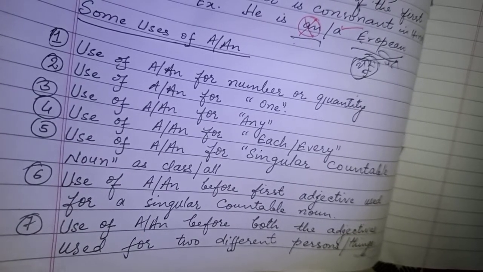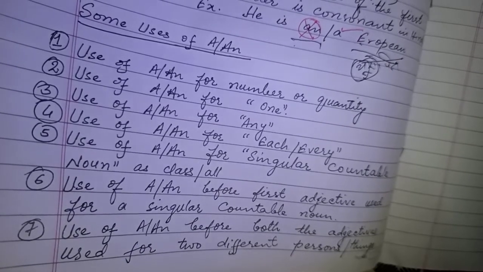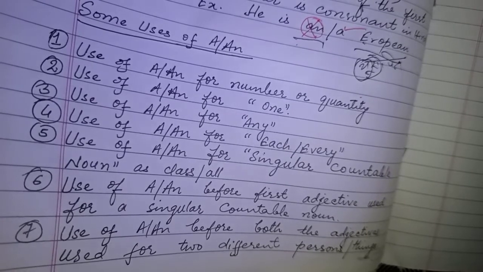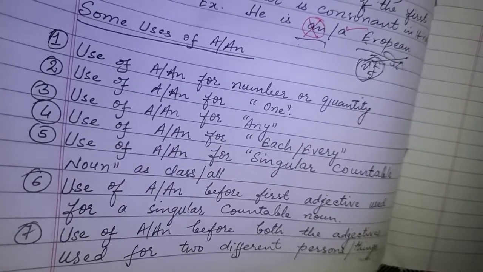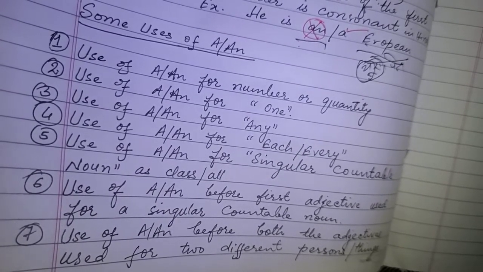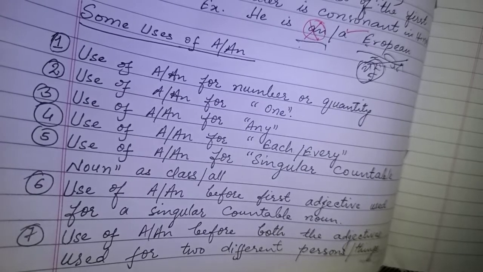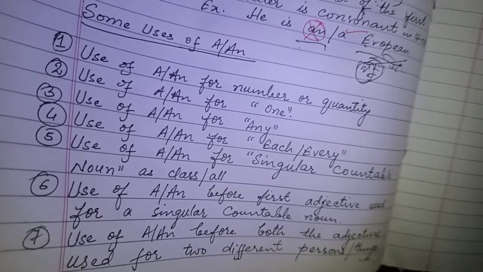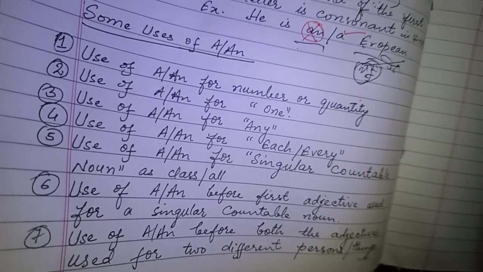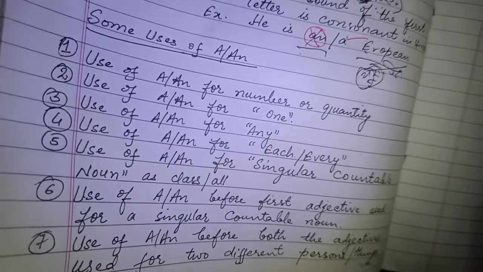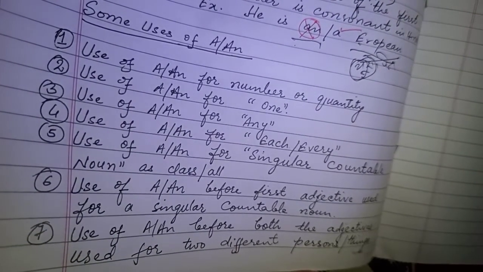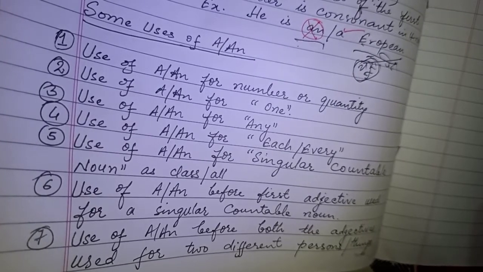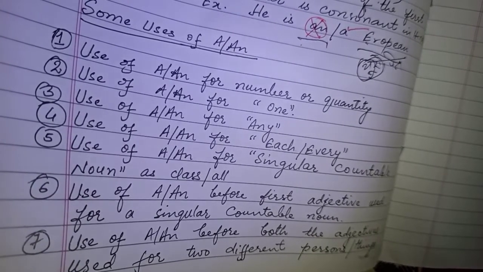So if there is a singular countable noun which has two adjectives in a sentence added by and, then before the first adjective you have to use a or an. Clear? If you are asked the question in this way, then without hesitating, just see whether the sentence is talking about a singular countable noun or two different persons, and then use a or an.